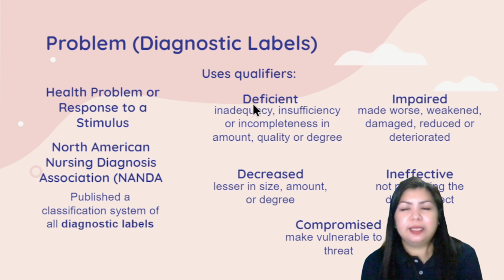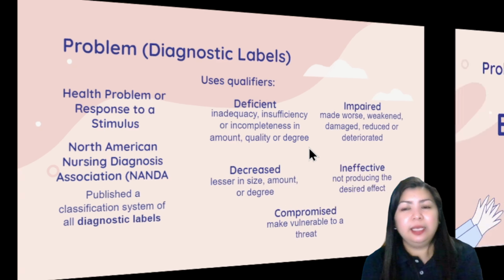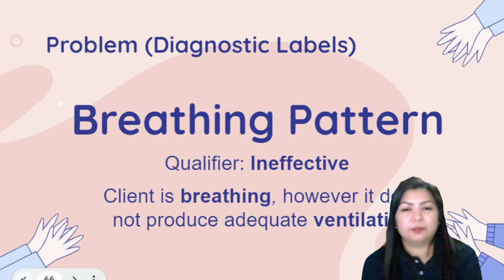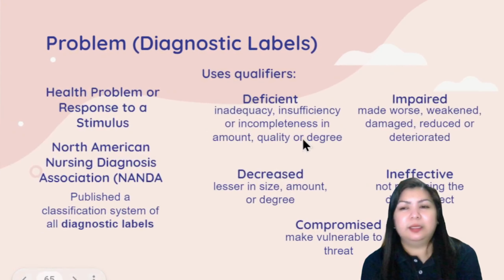So when you say deficient, it pertains to inadequacy, insufficiency, or incompleteness in amount, quality, or degree. Next you have impaired. When you say impaired, it was made worse, maybe weakened, damaged, reduced, or deteriorated.